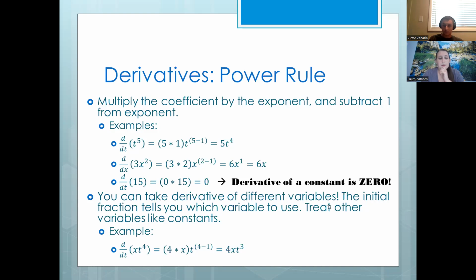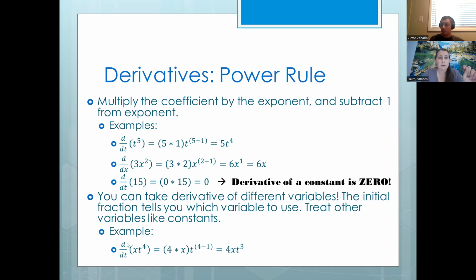Yes. If we look at our notation here, that fraction out in front, the d over dt, tells us the variable that we are interested in. In this case, it's just t. Any other variable, we imagine that it's a coefficient. It is not something we are taking a derivative with respect to.